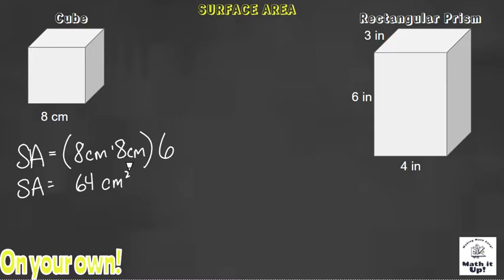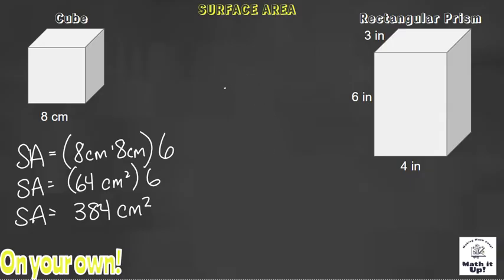And then we will be multiplying that by 6. So our surface area is going to be 384 centimeters squared. And hopefully that's what you have. And then on this next one, we can again open this up and see what we have here.